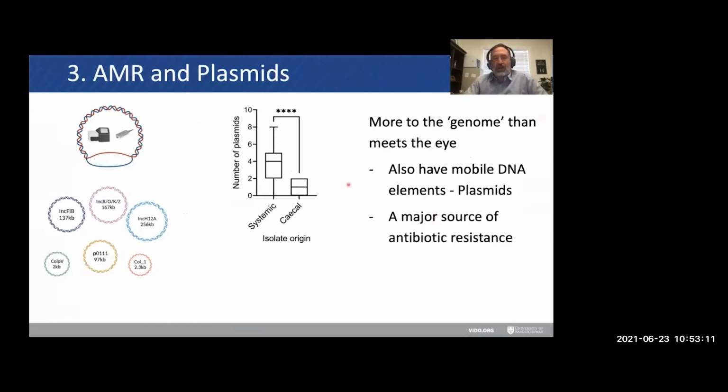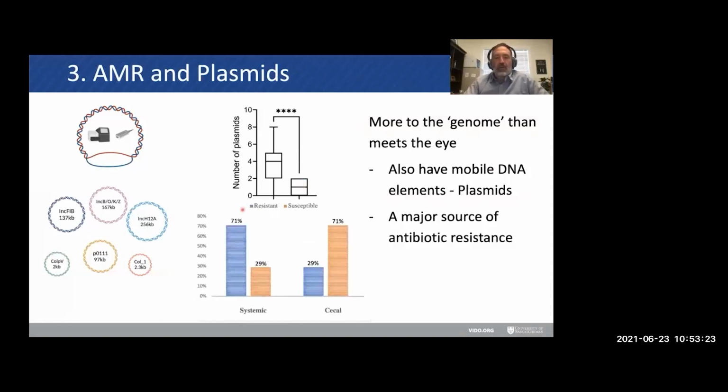So the first 100 isolates we analyzed, the systemic isolates or disease-causing isolates had a higher number of plasmids compared to these cecal isolates that come from healthy birds. And when you apply this to antibiotic resistance, you can see the systemic isolates, 71%, were resistant to more than one class of antibiotics, whereas with the cecal or from the healthy birds, it's 30%.